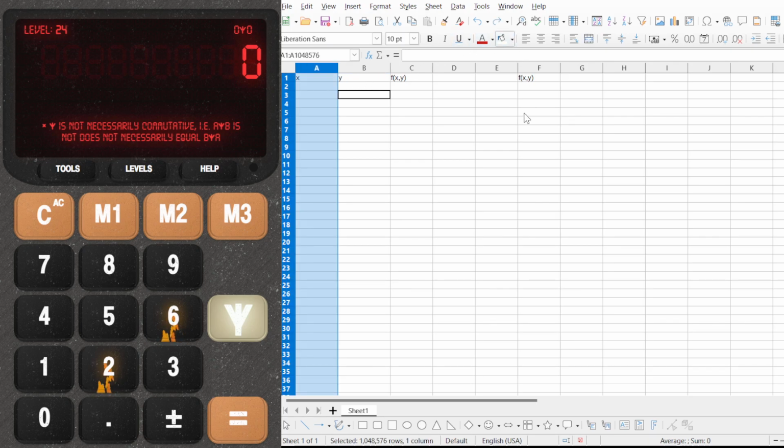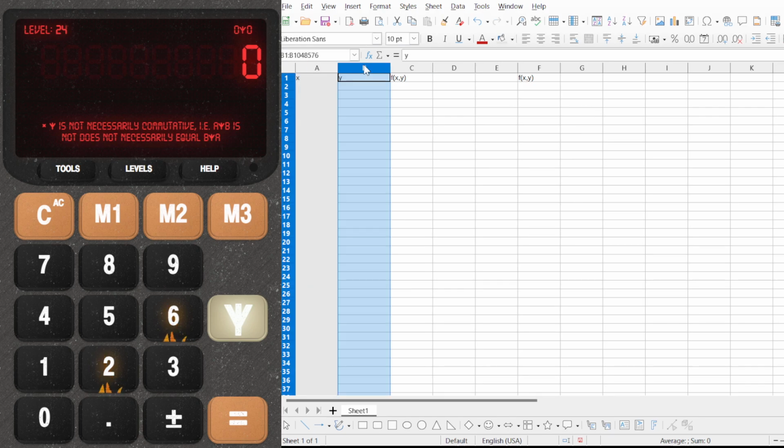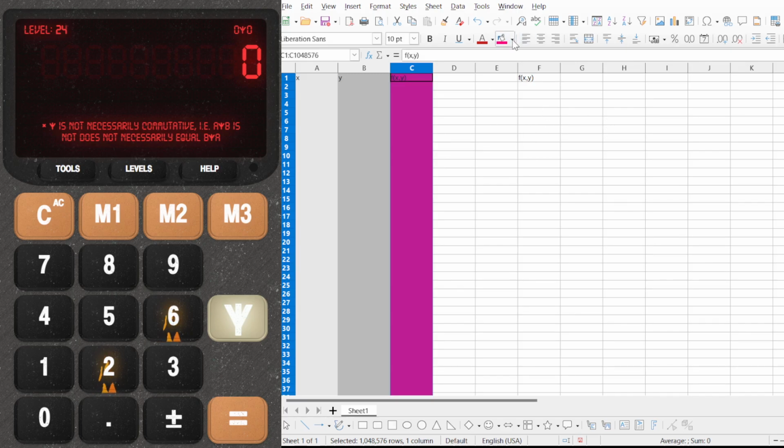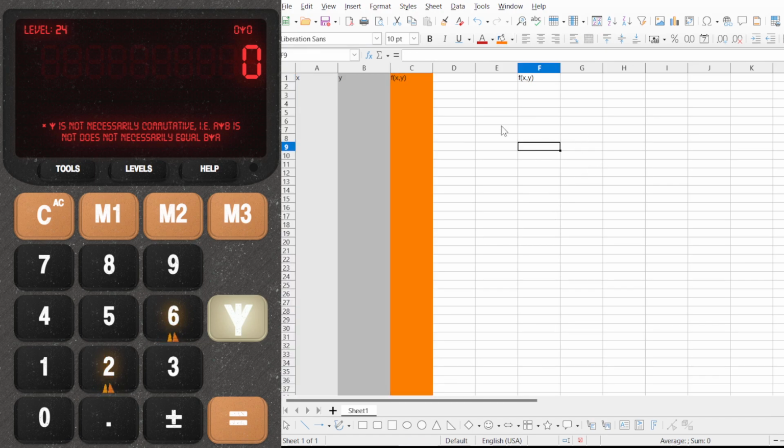Let's go for just slightly gray. This one is going to be a different gray, and this one is going to be the function. No. Let's take our time. We're not in any hurry. This is fine.